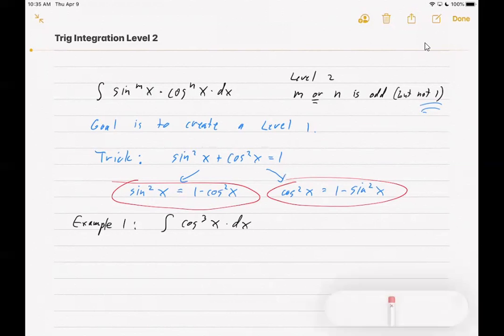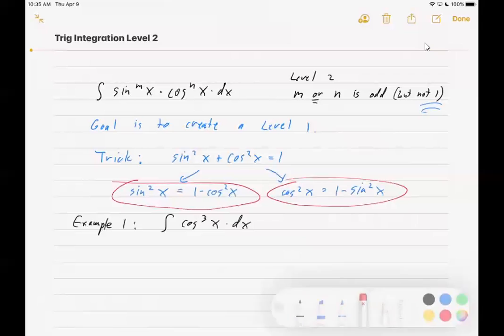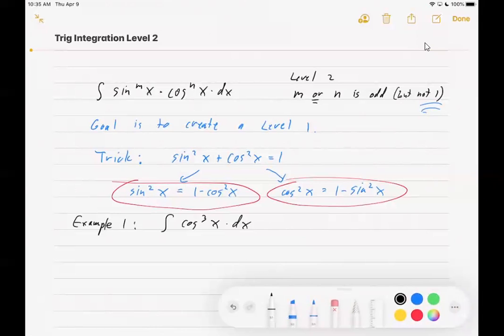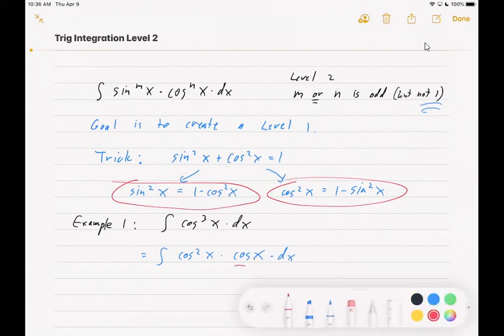Right? We need to rewrite this. So the way we're going to rewrite this first is to rewrite this as the integral of cosine squared of x times cosine of x. So notice what we've done. We're on our way towards level 1. We have a cosine of x to the first power. So level 1 involves either having a sine or a cosine to the first power.